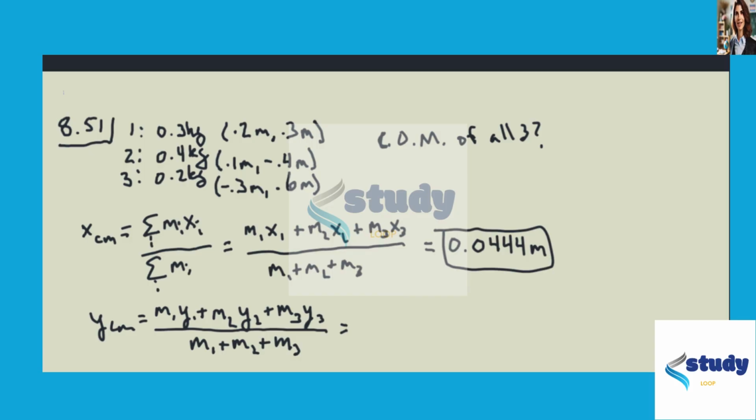And so then this you'll find is 0.0556 meters.